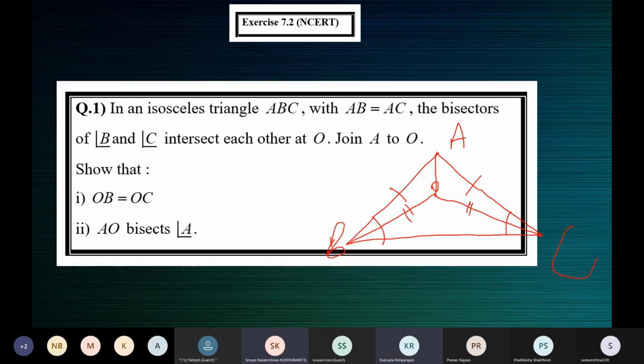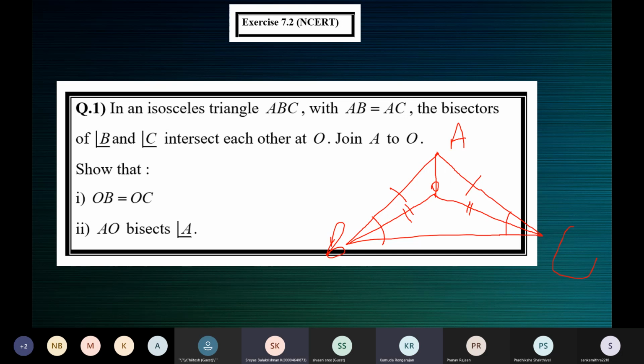Why is angle B equal to angle C? Ma'am, because by the isosceles rule, if two sides are equal, then the two angles must be equal. In that, angle B is equal to angle C.